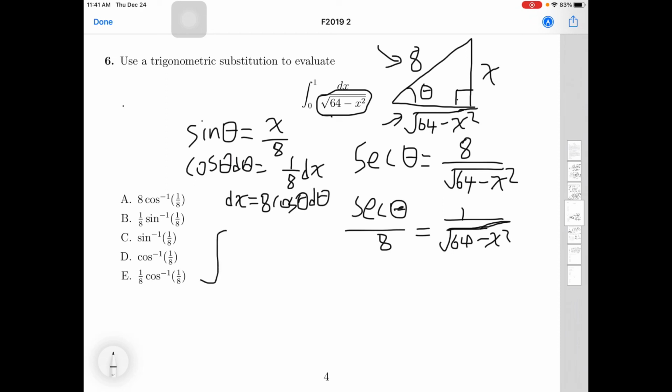Then we have the integral of secant theta over 8 times dx, which is 8 cosine theta d theta.